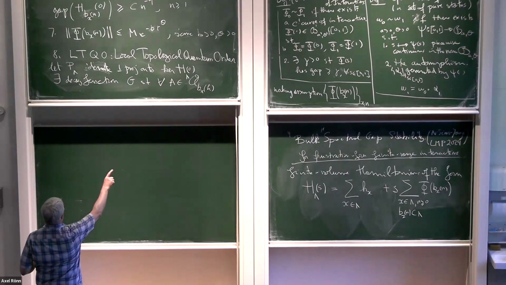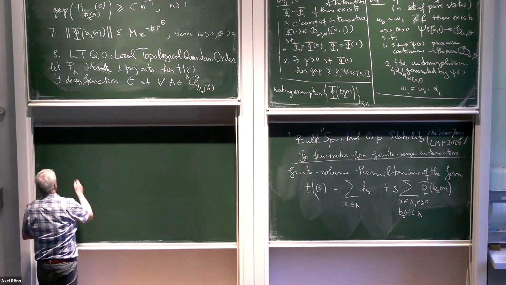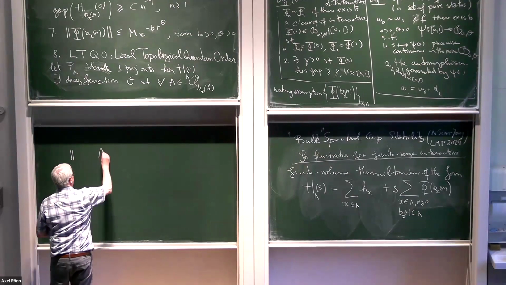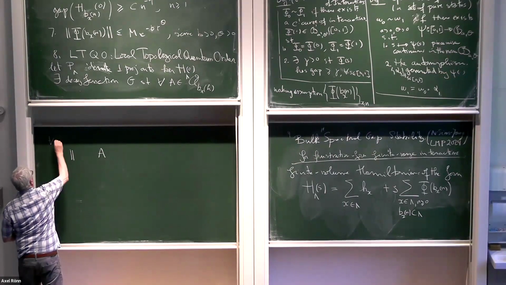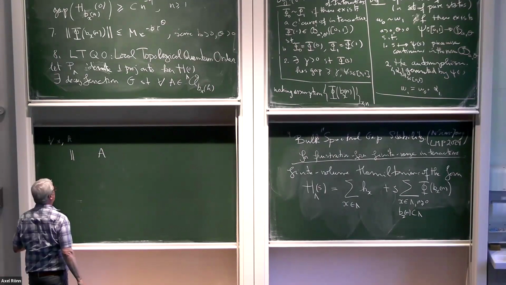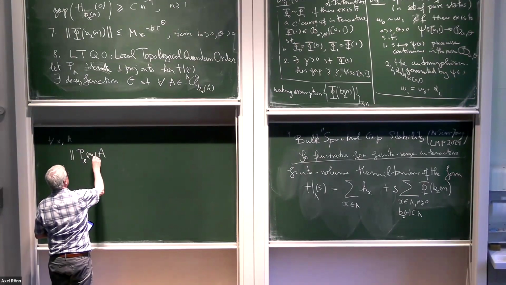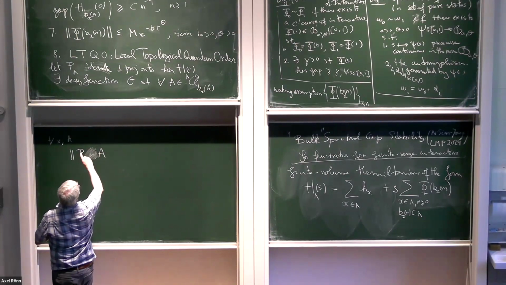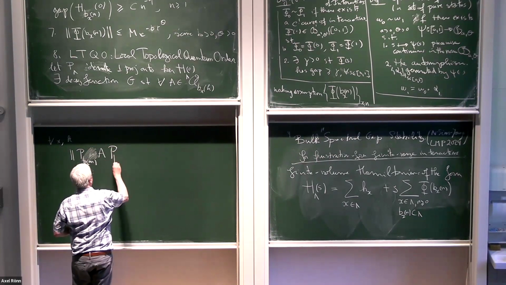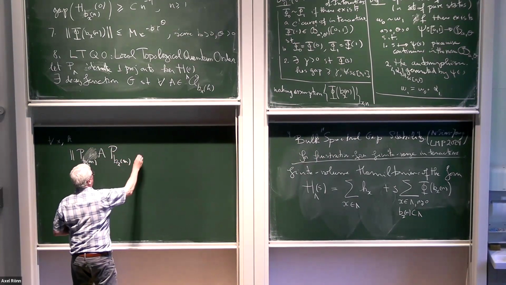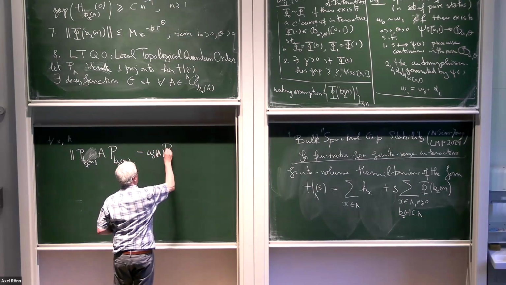So I have this projection, and in terms of that, I have the following kind of estimate. If I take a local observable A, so this is for any x and for any k, and I project it between the ground state in the ball, what's my notation, dxm, and I compare with just the expectation of A times this projection.